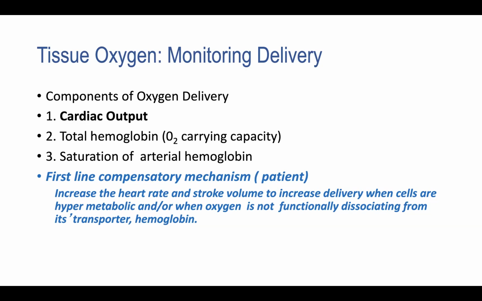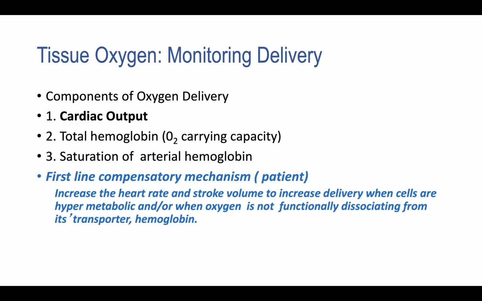And if he is acidotic, the very first thing you're going to do is increase your patient's cardiac output with volume and inotrope. And then number two, you're going to consider increasing oxygen carrying capacity. So remember, if SvO2 is less than 60% and the patient is acidotic, you will increase their cardiac output and you will increase their hemoglobin.